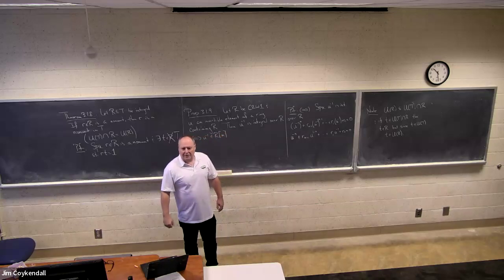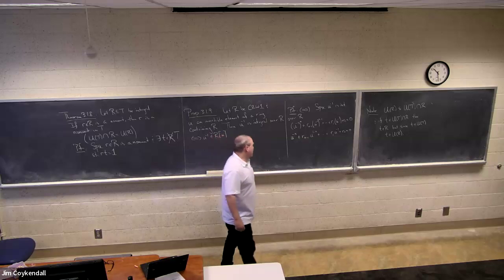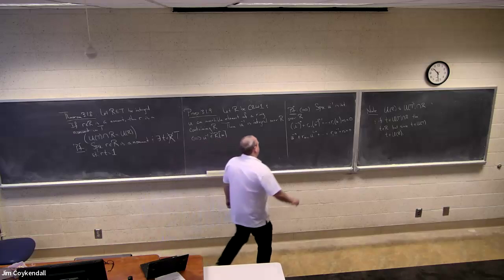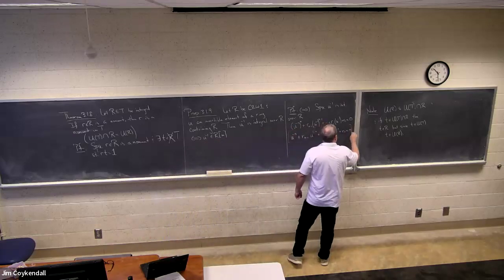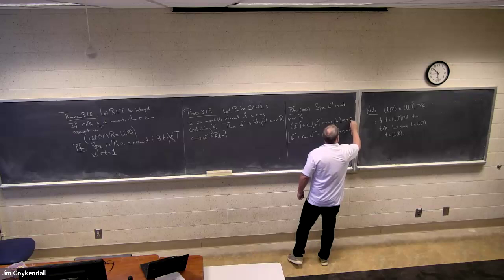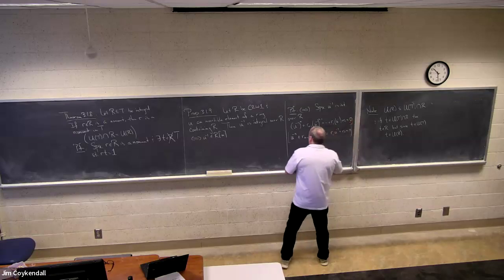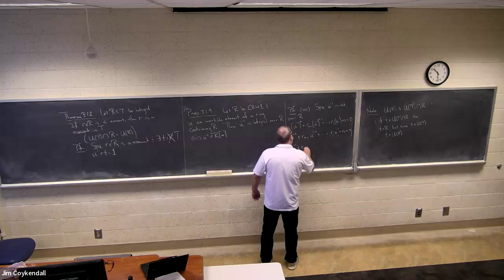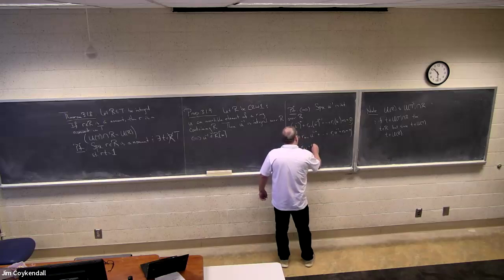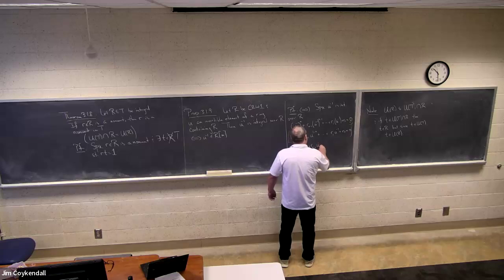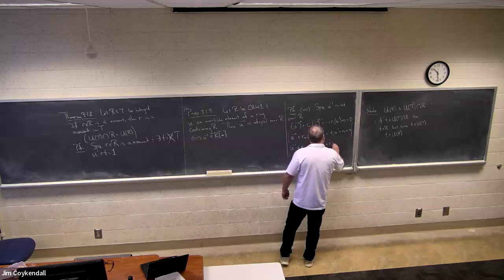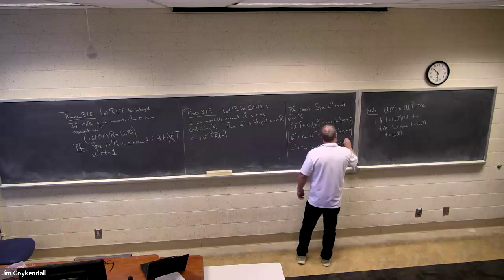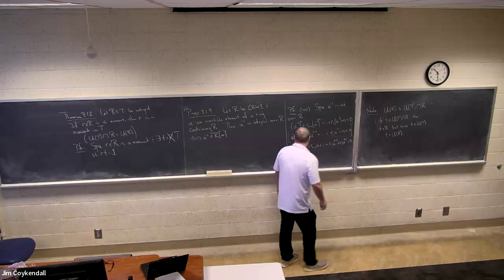Now, multiply both sides of this equation by u to the n minus one. Where's my magic orange chalk? Multiply both sides by that, and I get u inverse plus r_{n-1} plus r_{n-2} u plus r_1 u^{n-2} plus r_0 u^{n-1} is zero.